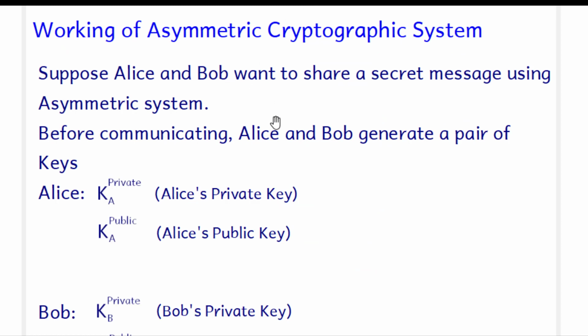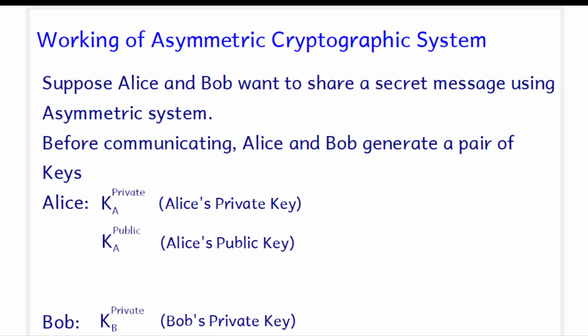Now let's see the working of the system. Suppose we have two entities, Alice and Bob, and they want to share a secret message using the asymmetric system. They also want to sign the document. Before communicating, Alice and Bob generate a pair of keys. By running some algorithm, Alice can generate a pair of private and public keys.